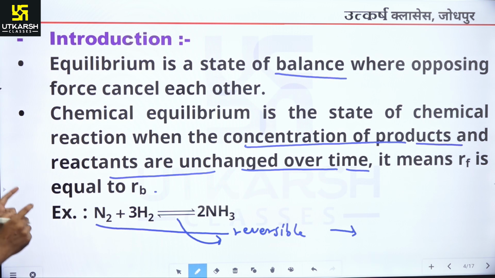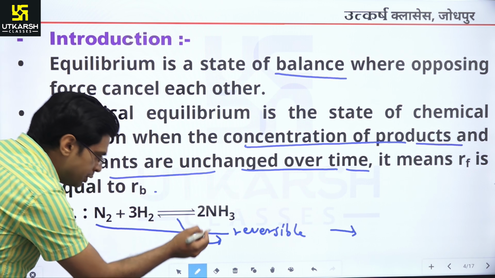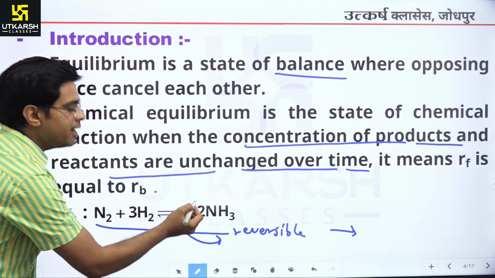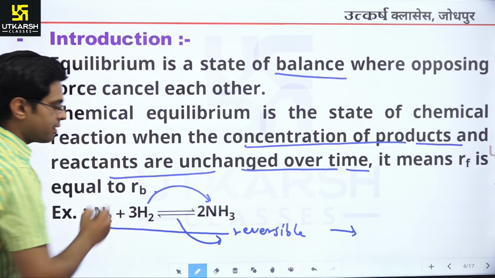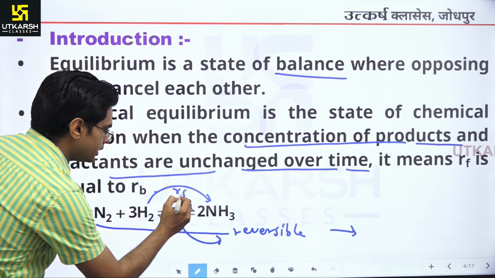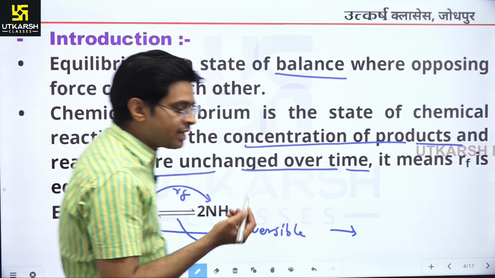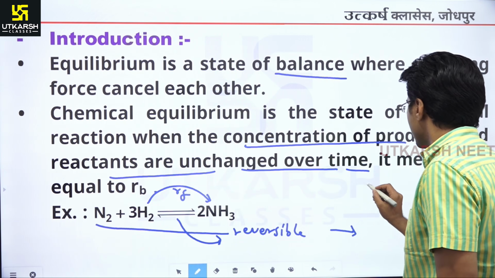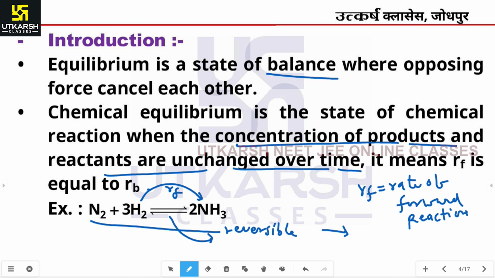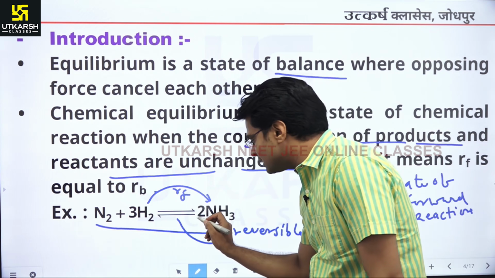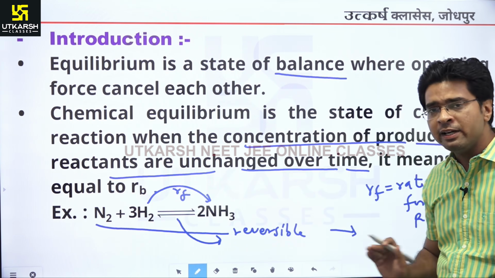Here, we are talking about the step in which ammonia is formed from nitrogen and hydrogen. This rate is known as RF. What is RF? RF is the rate of the forward reaction. Chemical equilibrium means the rate of formation of ammonia becomes equal to the rate of the backward reaction. What do we mean by a backward reaction?